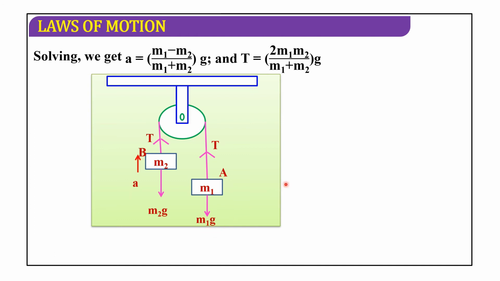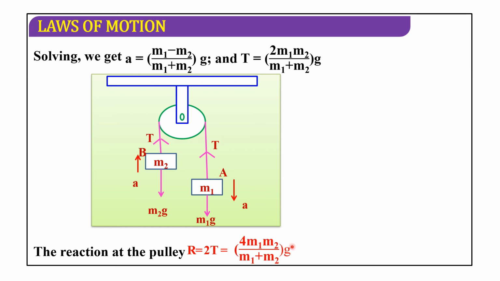Acceleration is equal to M1 minus M2 by M1 plus M2 into G, and the tension T is equal to 2 M1 M2 by M1 plus M2 into G. The reaction at the pulley, that is R, is equal to 2T, that is equal to 4 M1 M2 by M1 plus M2 into G.